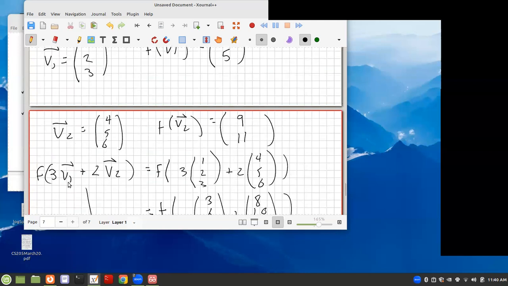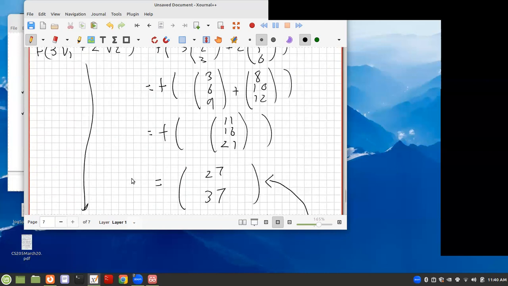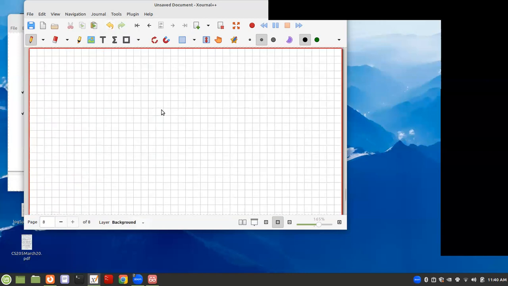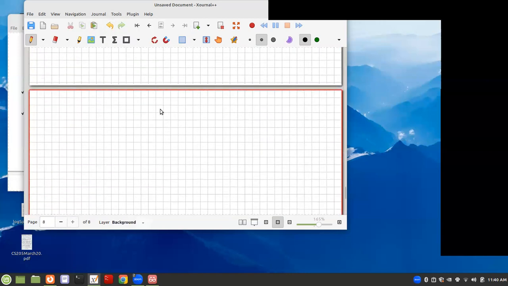So V1 has to be any vector, V2 has to be any vector, this number 3 has to be replaced by any number, and this 2 has to be replaced by any number. That's one of the things you want to be able to do, and it's a little bit unwieldy, because you have to choose arbitrary linear combinations.